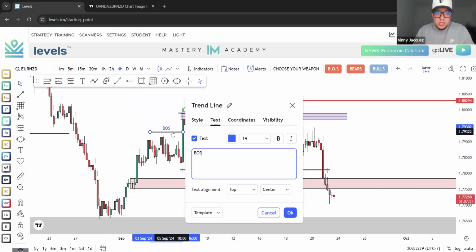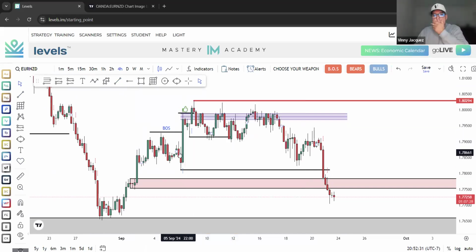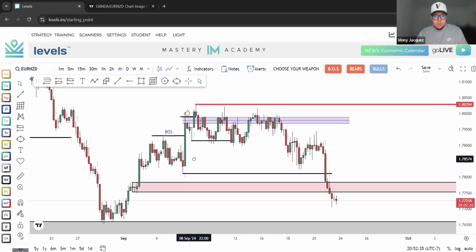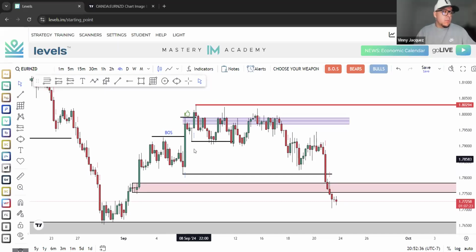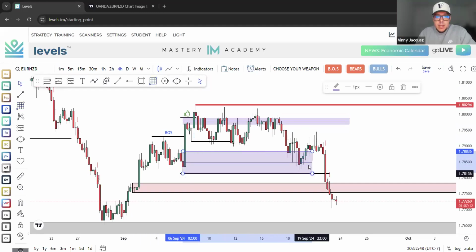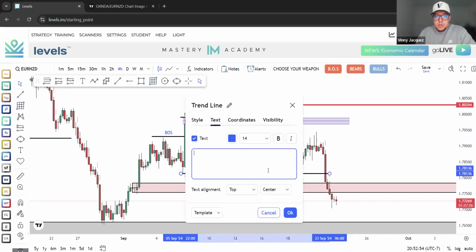Because this was a break of structure to the upside, correct? This is a break of structure to the upside with the starting point. So we were already looking for buys in this area and it respected. It just didn't hold. Now we have a change of character, which is nice.